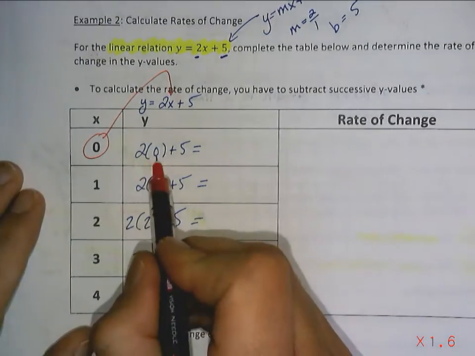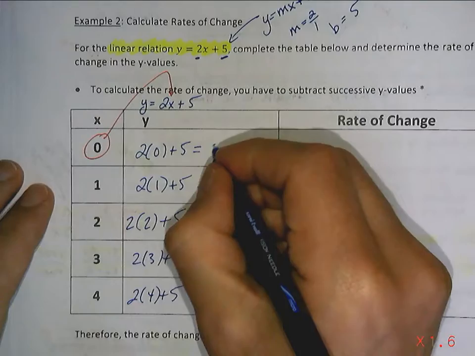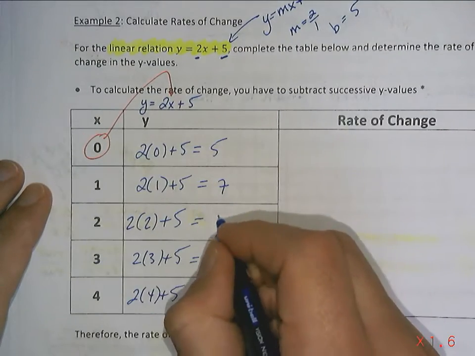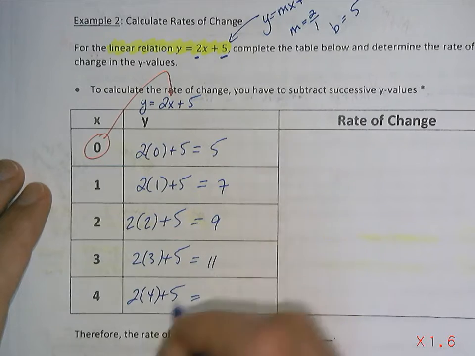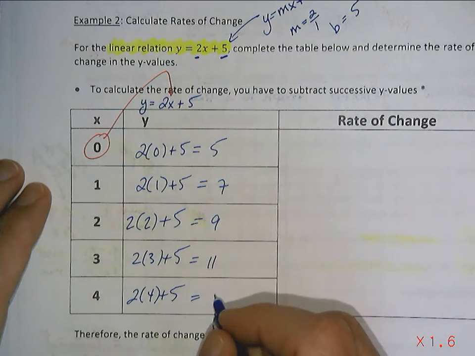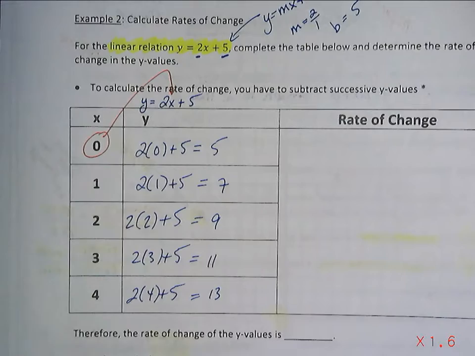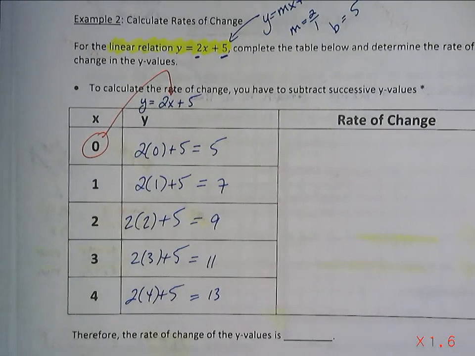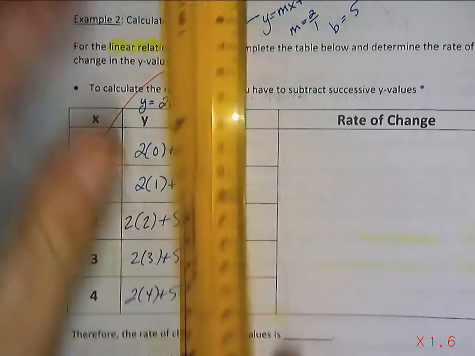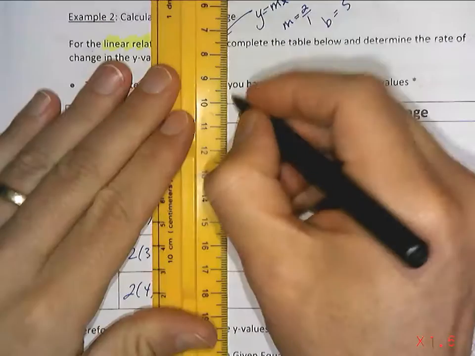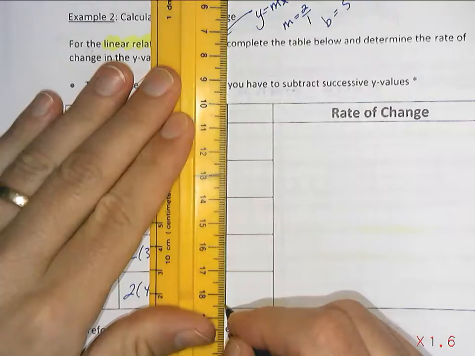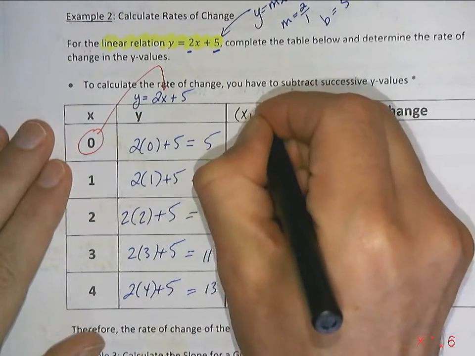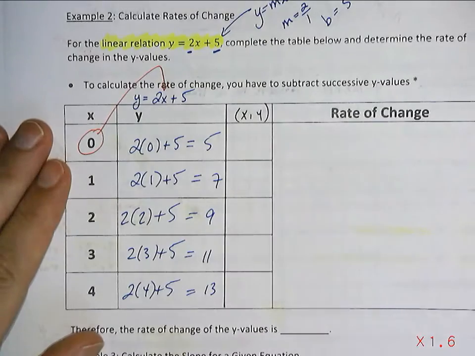So 2 times 0 is 0, plus 5 is 5. 2 times 1 is 2, plus 5 is 7. 2 times 2 is 4, plus 5 is 9. 2 times 3 is 6, plus 5 is 11. 2 times 4 is 8, plus 5 is 13. So that's how that works. Now, what you really should have here as well, if you've got room, throw down another line and put in x comma y, because that's really what we're creating here, isn't it?